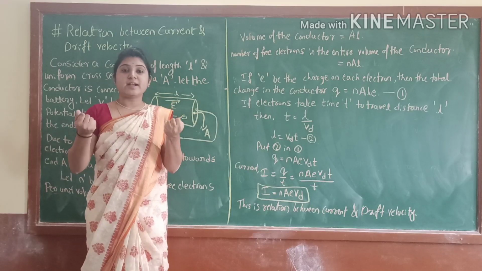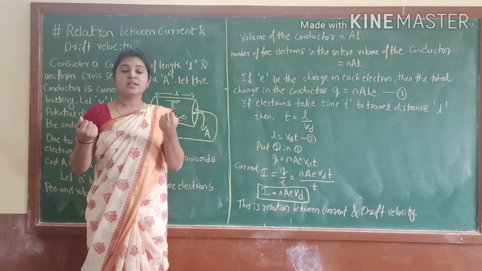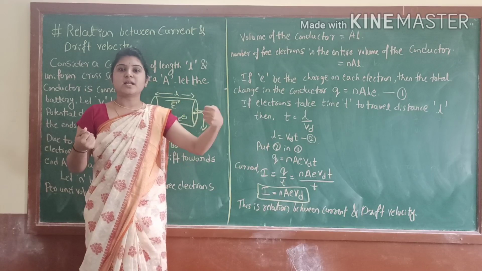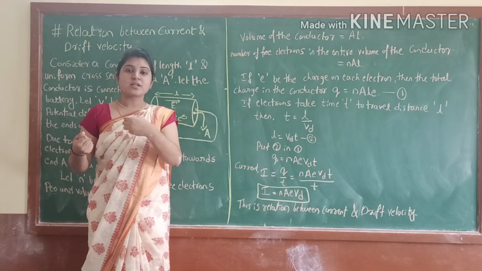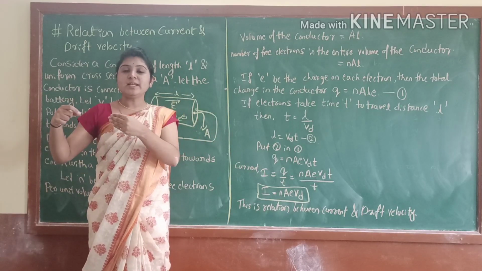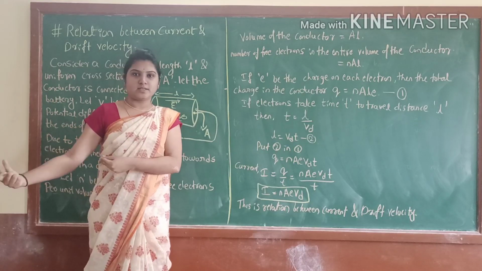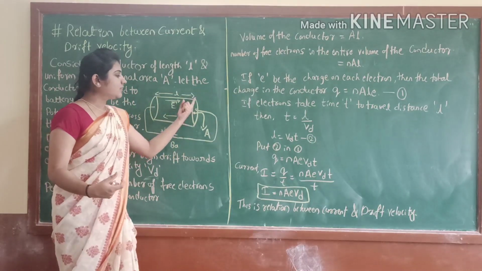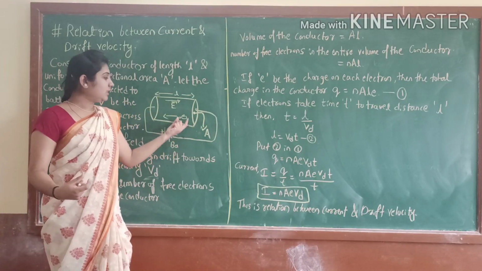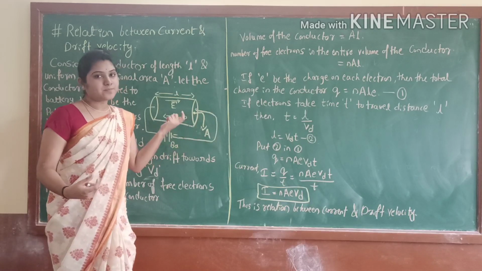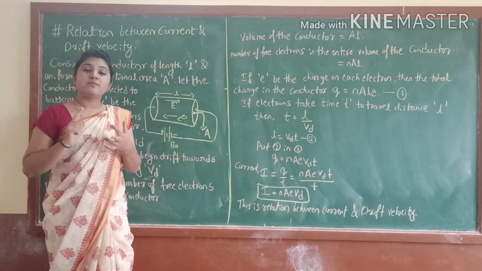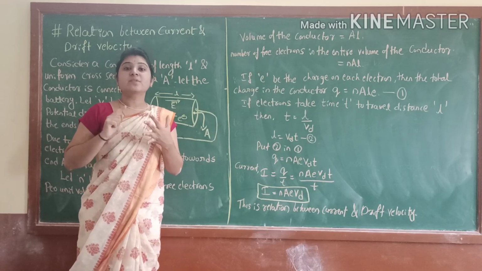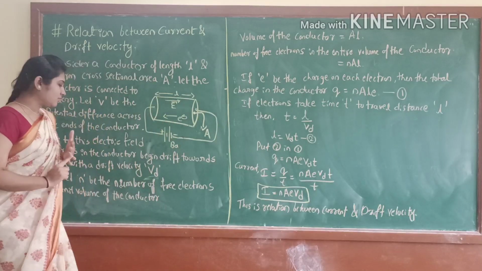Drift means they get more energy, right? If they get more energy, they start to move quickly, correct? And they start to move quickly to the end of the conductor. Which end? This end, the end A of the conductor, with the drift velocity, right?